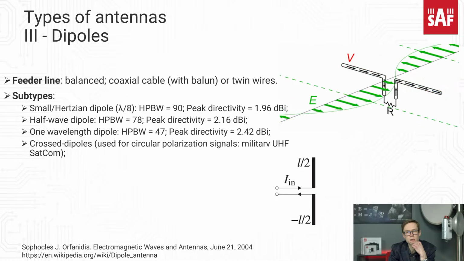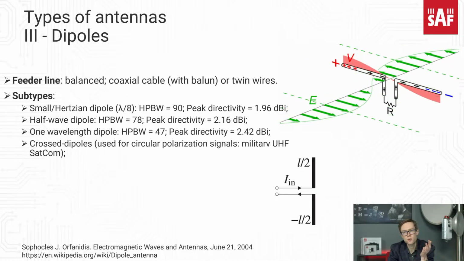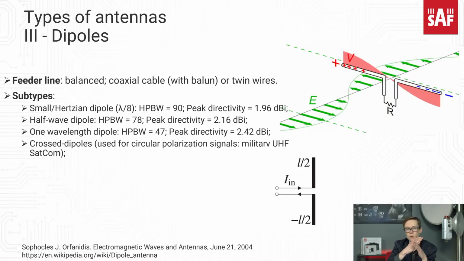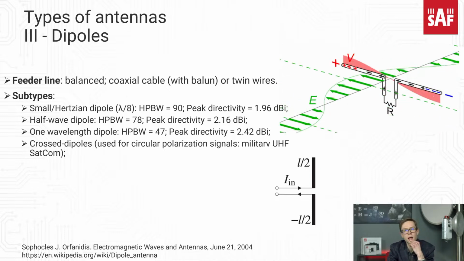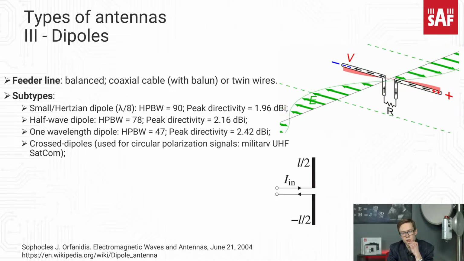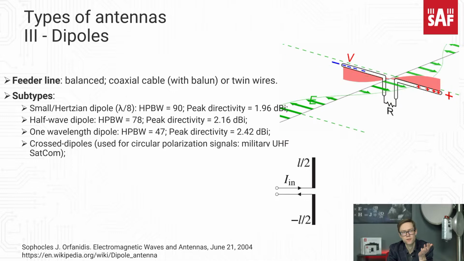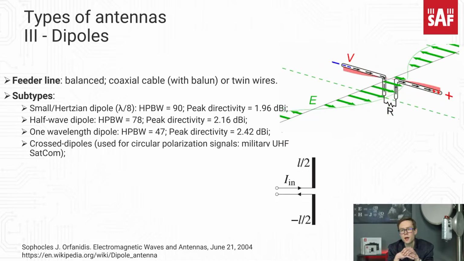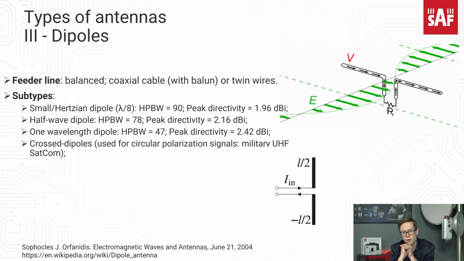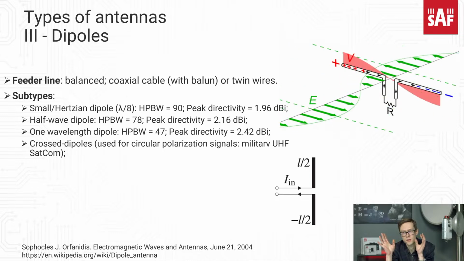Another subtype of these dipole antennas is crossed dipoles, which is literally two crossed dipoles, one over another. This is used for some circular polarization applications, like military UHF satellite telecommunications, because satellite communications has to use circular polarization.